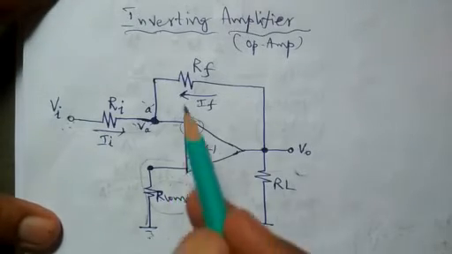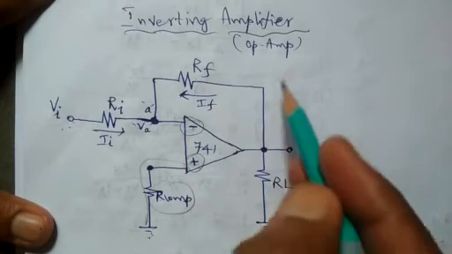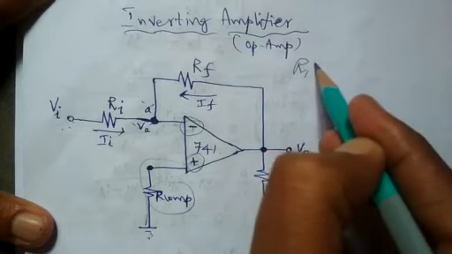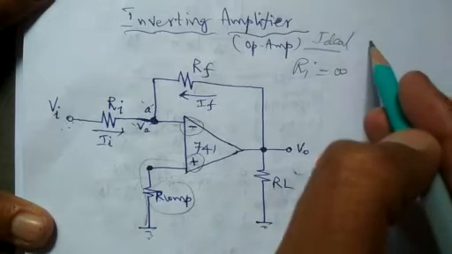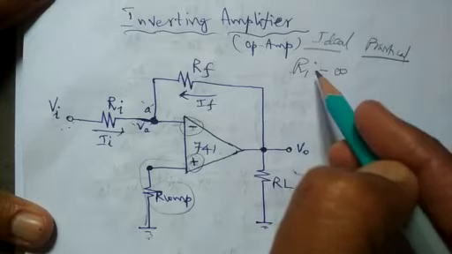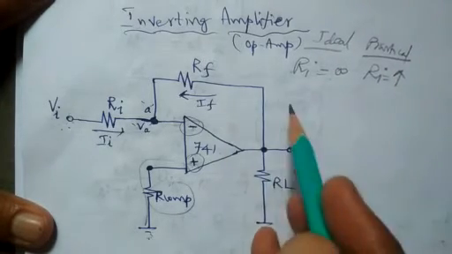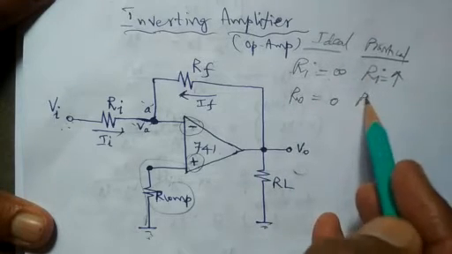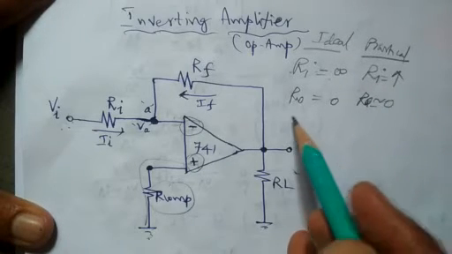Before getting into the operation, we have to revise the ideal and practical characteristics of an operational amplifier. The op-amp has infinite input impedance in the ideal case. For the practical case, the input impedance Ri will always be a very high value, and output impedance Rout is 0, or nearly 0.